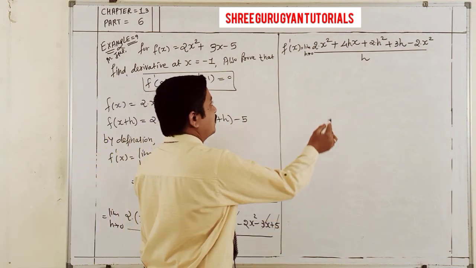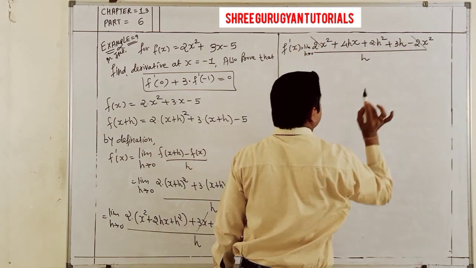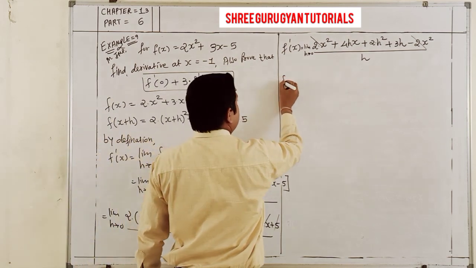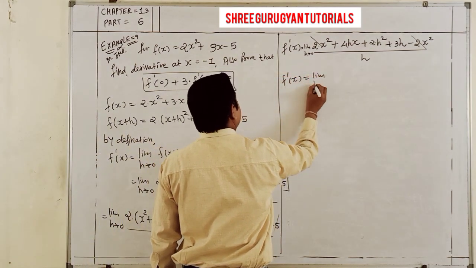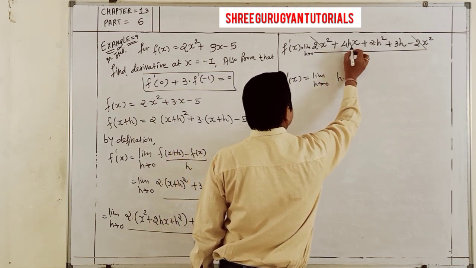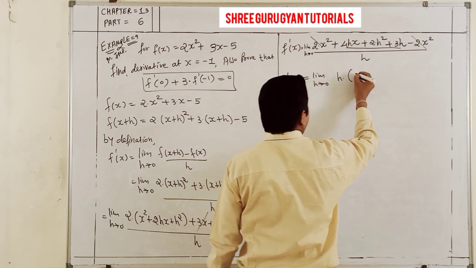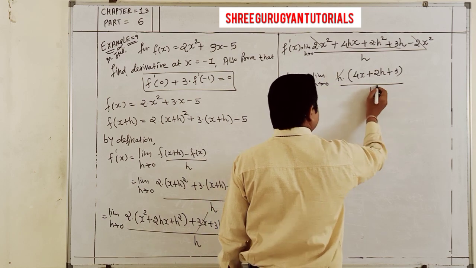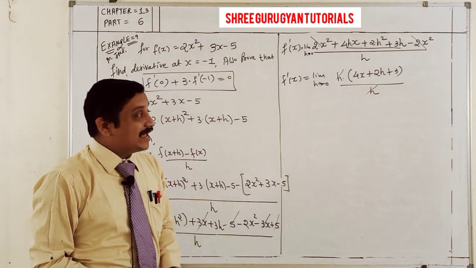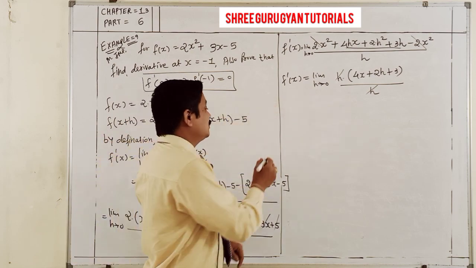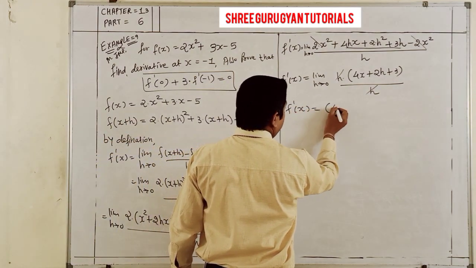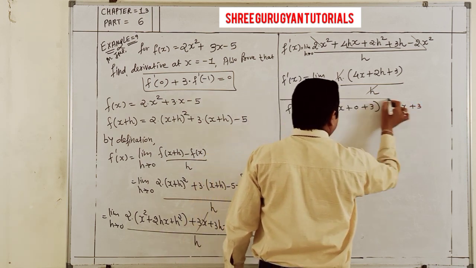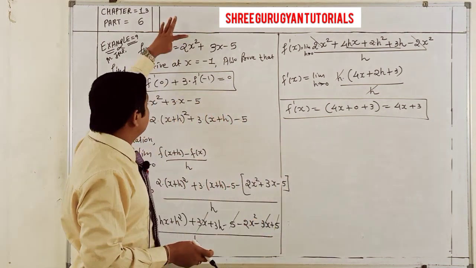Now you will check, this cancels to 2x², and for the other terms you just take h common. So f'(x) is the limit as h tends to 0, h common in these parts. The remaining are 4x, 2h, 3, divided by h; this h and this h successfully cancel, and apply your limit h tends to 0. So my answer f'(x) is 4x + 0 + 3. It should be 4x + 3, and that's your derivative very easily for this given function.